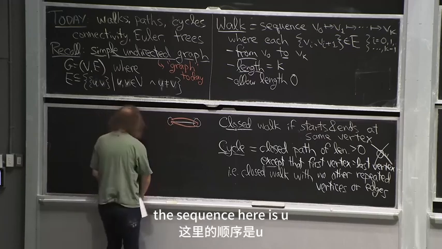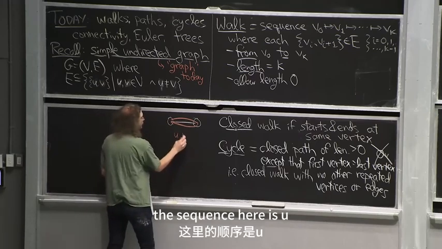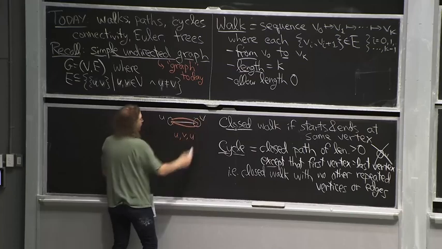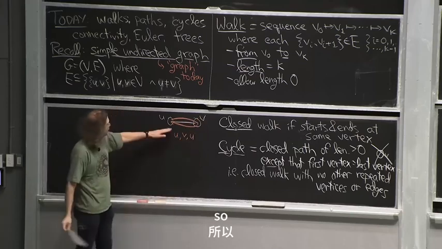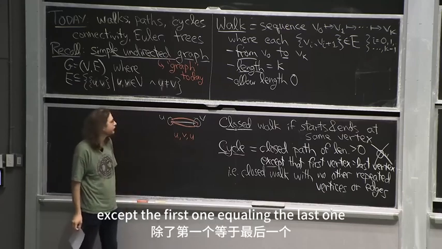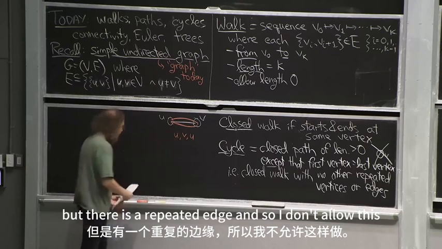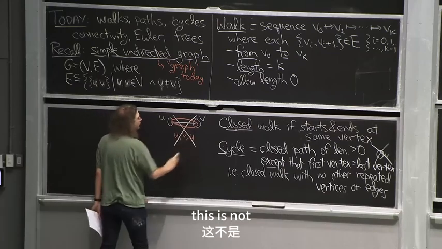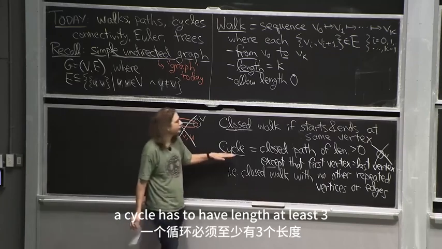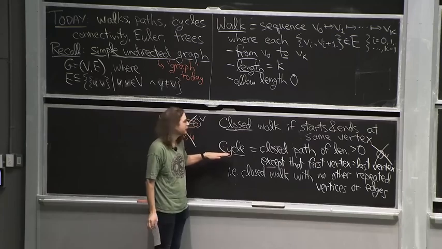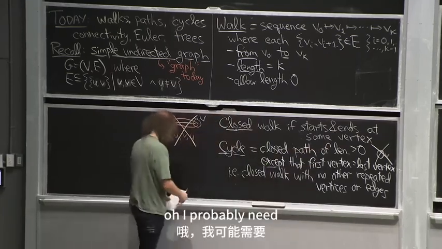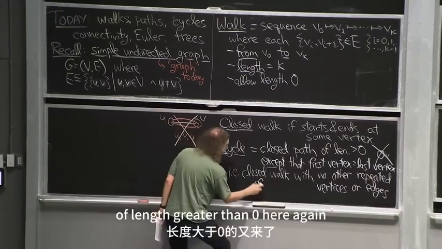The sequence here is U, V, U. It's like an emoji. There's no repeated vertices except the first one equaling the last one, but there is a repeated edge, and so I don't allow this. This is not a cycle. So in fact, in an undirected graph, a cycle has to have length at least 3. The definition says it has to be at least 1, but I probably need length greater than 0 here again.